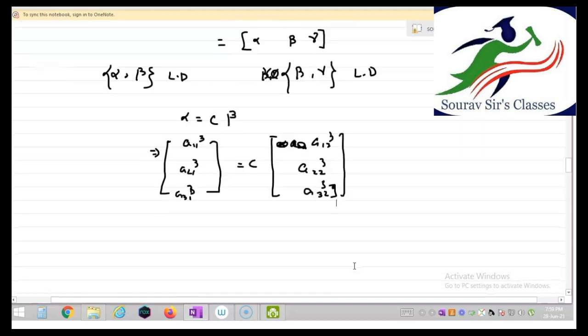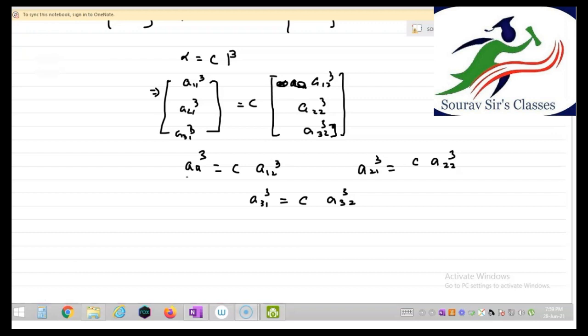So from this I can say that A11 cube is equal to C into A12 cube, A21 cube is equal to C into A22 cube, and A31 cube is equal to C into A32 cube.